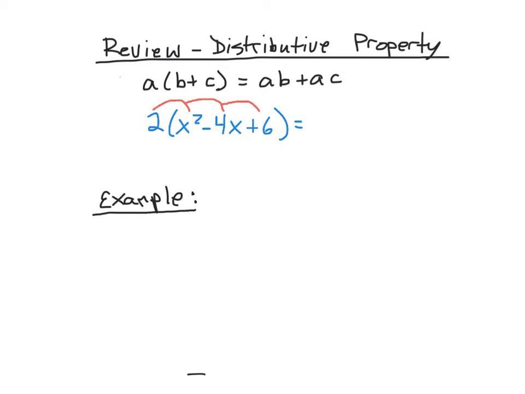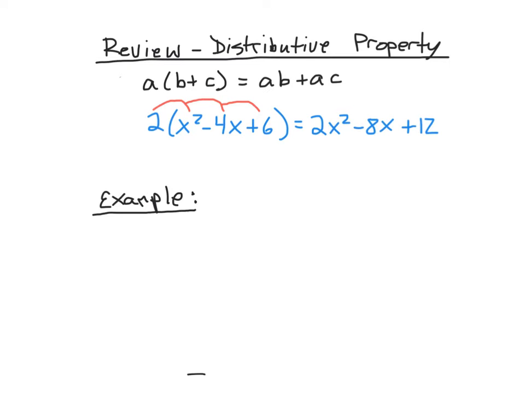I would end up with 2 times x squared, or 2x squared. 2 times negative 4x gives me negative 8x. And then 2 times 6 would give me the 12. And that's using the distributive property to essentially take this term and multiply it to the entirety of the parentheses, and then I can write that out essentially without parentheses.